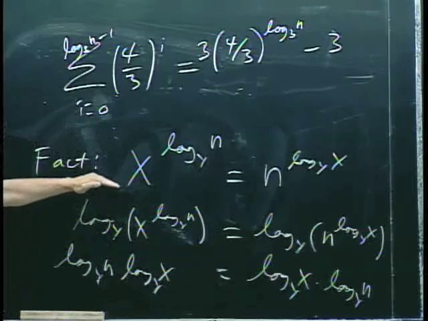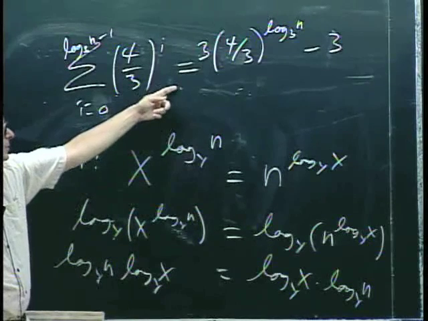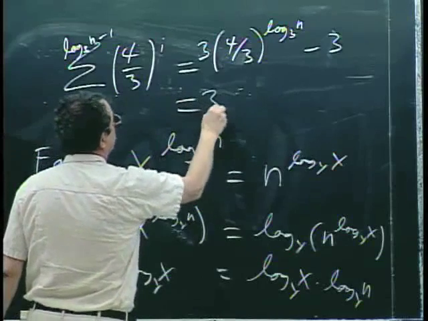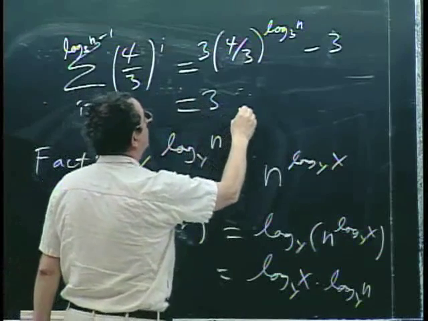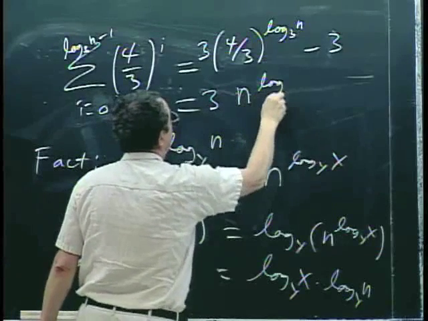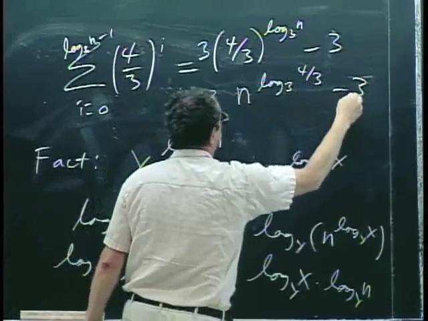Okay, so we can do this nice transformation, which will help clean this up. What is this now? If using that cleanup, we have 3 n to the log base 3 of 4/3. And then we have the minus 3 here.